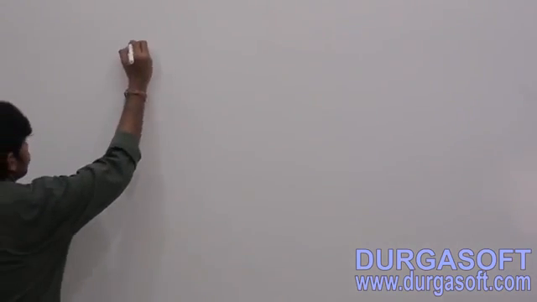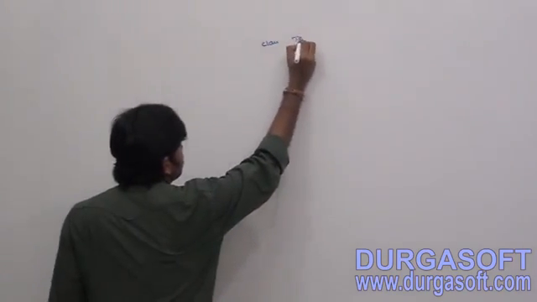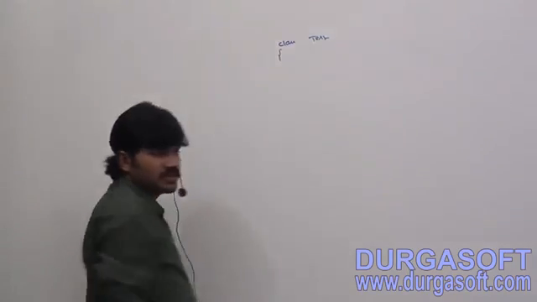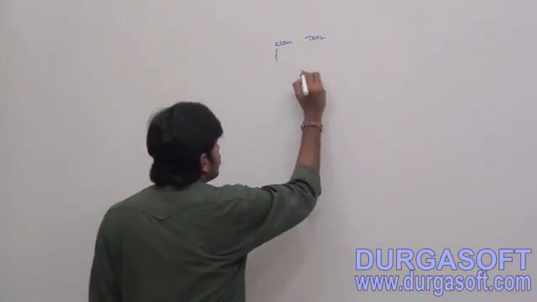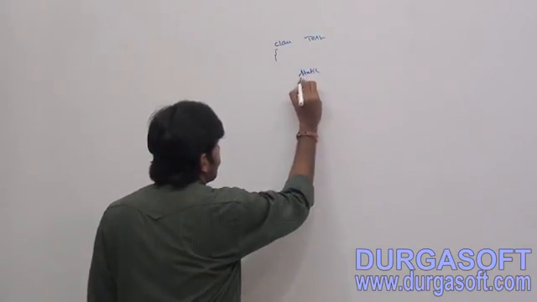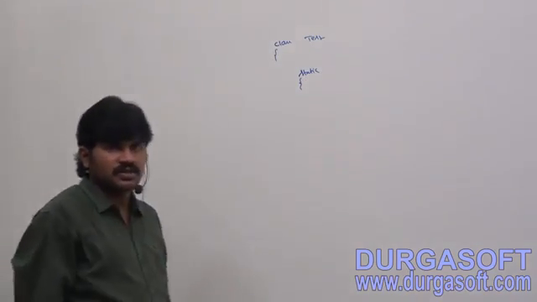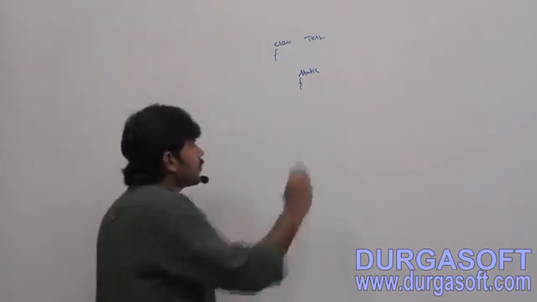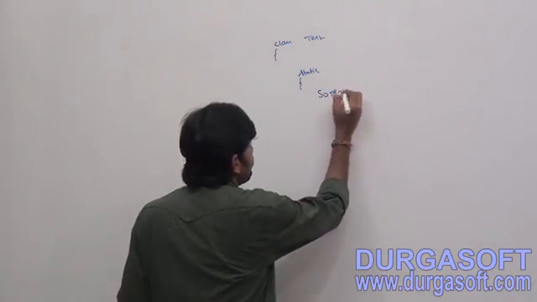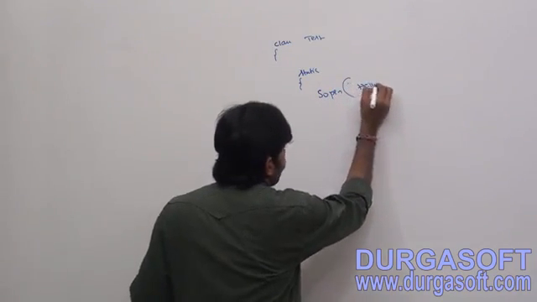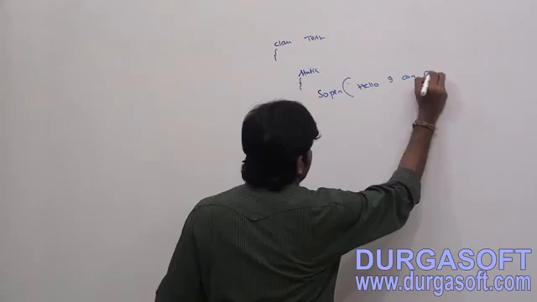Okay, now observe, see this one: class Test. I'm taking a static block. Within the static block, System.out.println("hello, I can print").